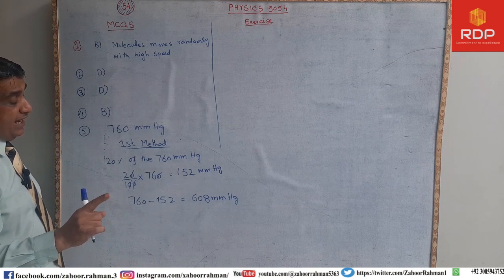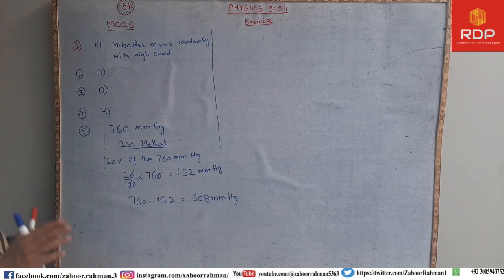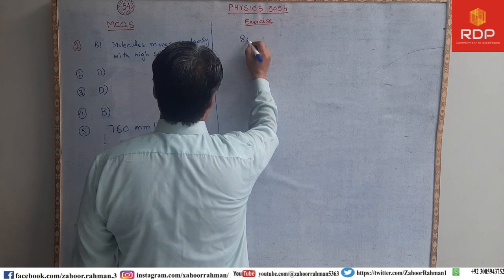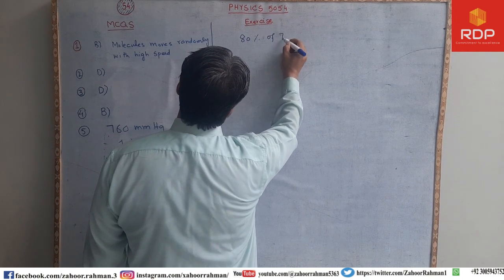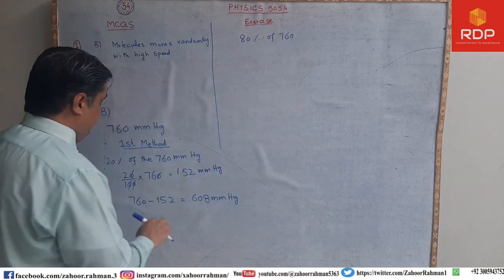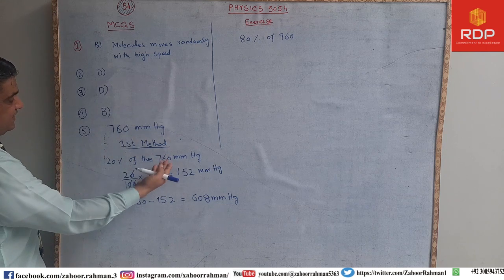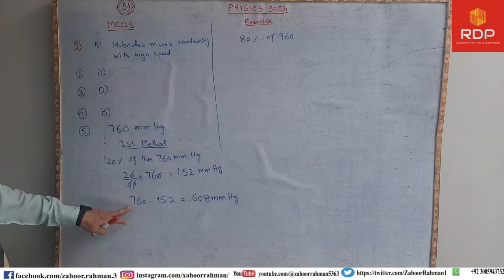In that course, I told you that if there is a 20% decrease, it means 80%. So the direct answer can be found. First we found 20%, and that is what the question is saying, and then we are subtracting that 20% from the original value of 760 mm.